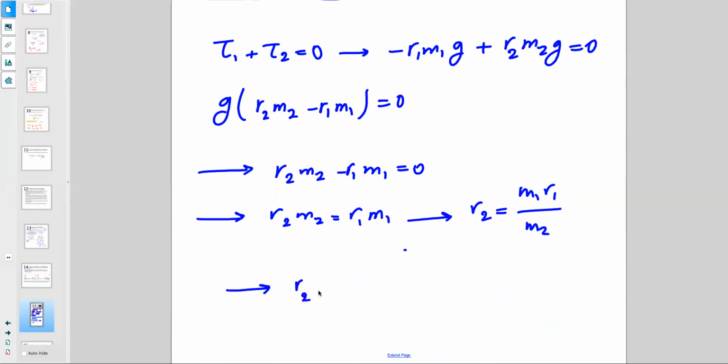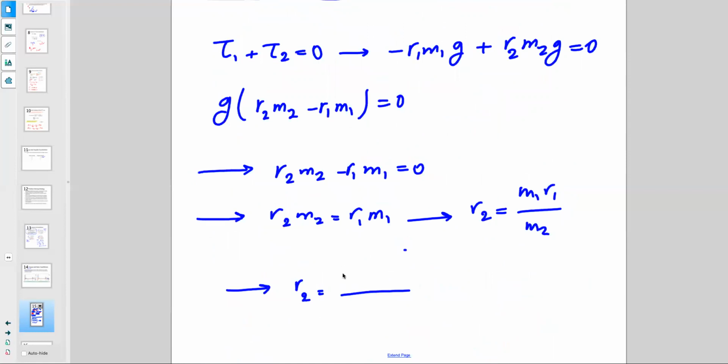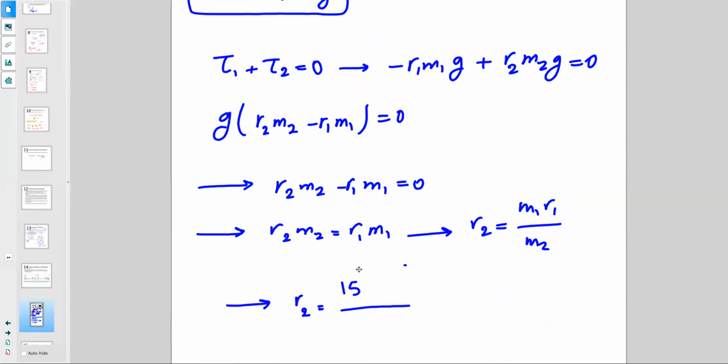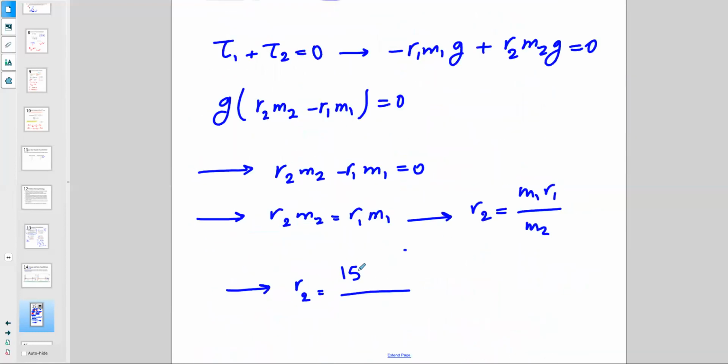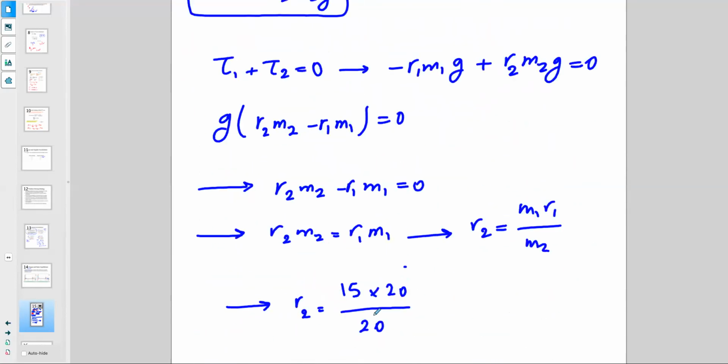So M1 is 15 grams, R1 is 20 centimeters, and M2 is 20 grams, correct? That is correct.